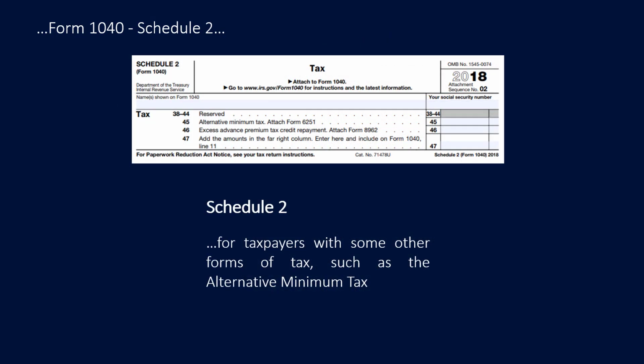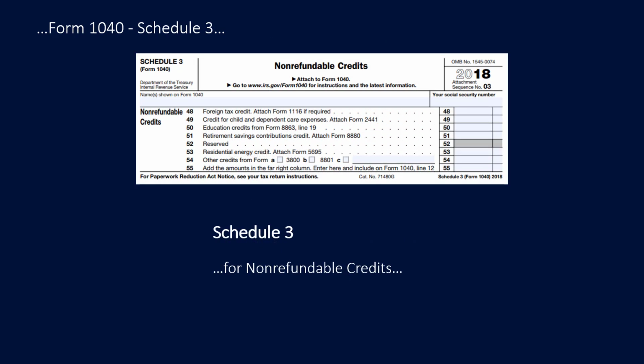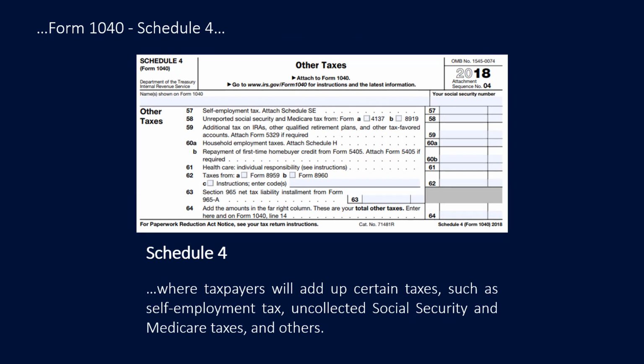Schedule 2 for taxpayers with some other forms of tax, such as alternative minimum tax, for example. Schedule 3 for non-refundable credits, the foreign tax credit, credit for child and dependent care expenses, education credits, and so on. Schedule 4.